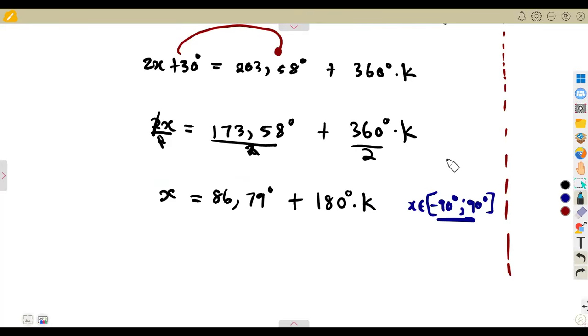Remember, k is an integer that we are talking about. So you just try k equal to 0, k equal to -1, k equal to -2, k equal to 1, and so on. That is how you try. You just substitute these values because integers are positive or negative whole numbers, and 0 is also an integer.